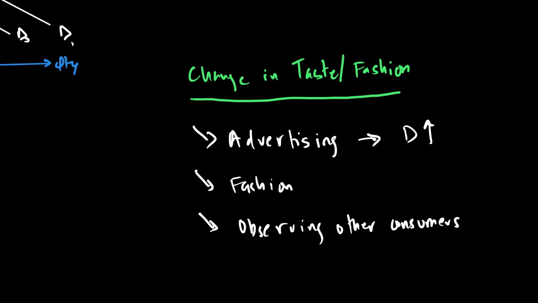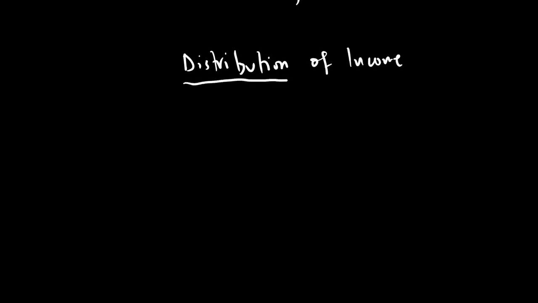Another factor that can change our demand could be what we call distribution of income. Now, when I say distribution of income, I'm looking at distribution of income of the whole economy. So, if the distribution of income in an economy, in a country, becomes unfair, that means basically the rich are getting richer and the poor are getting poorer.